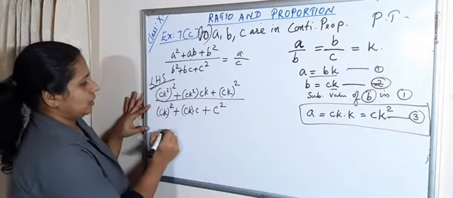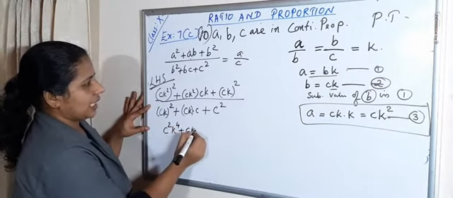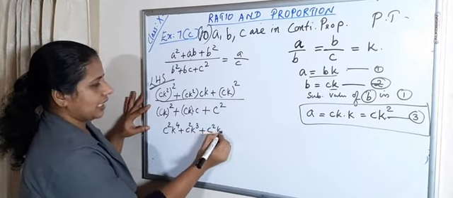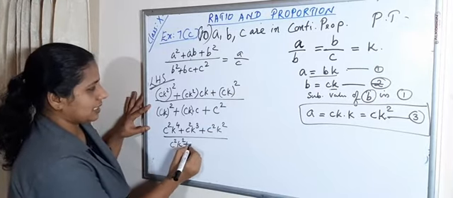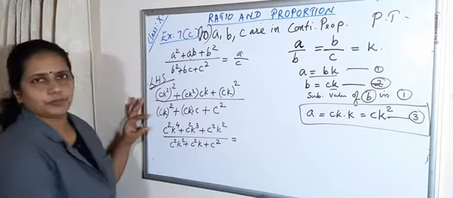Now, c² k⁴ plus c² k³ plus c² k² by c² k² plus c² k plus c².